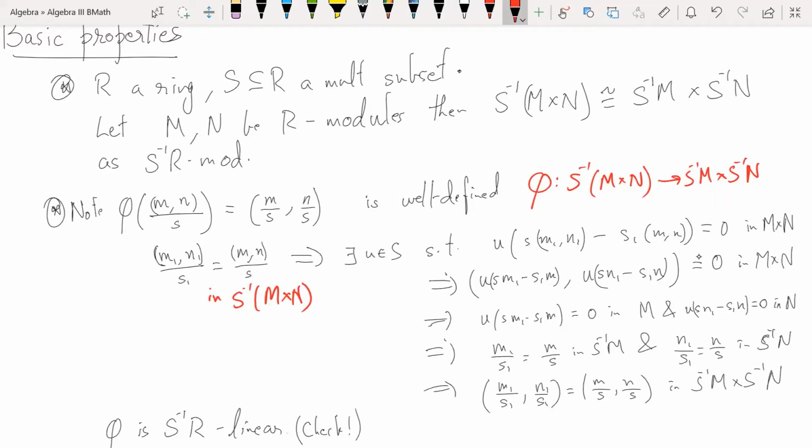That is 0 comma 0, where the first 0 is in M, the second 0 is in N. So the first component must be 0 in M, and the second component must be 0 in N. And precisely, the first component being 0 in M means that m1 over s1 is the same as m over s in S inverse M. And the second component being 0 in N is precisely n1 over s1 equal to n over s in S inverse N, because u is in S, remember.